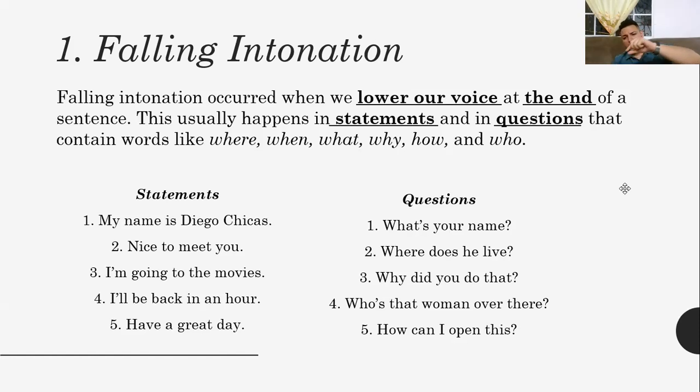The intonation of the voice goes down, so it sounds low, like there is a diminution of the power of the sound at the very end. That's why we have to identify falling intonation.